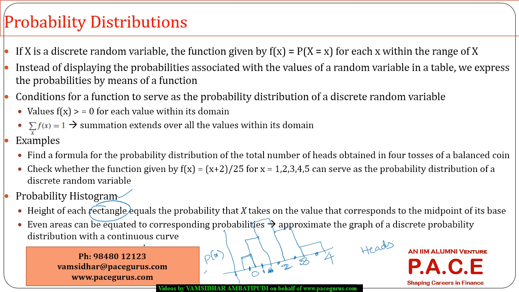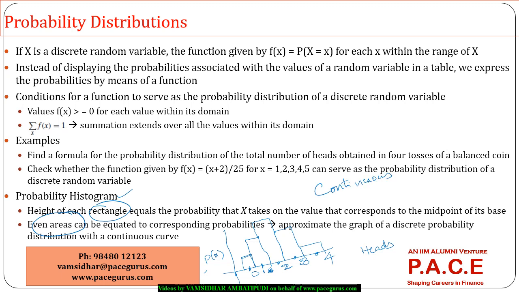Now many a time we take rectangles and say the height is equal to the probability, but in many cases we can also use areas as probabilities. That is what we will be seeing at a later point when we are talking about continuous distributions.